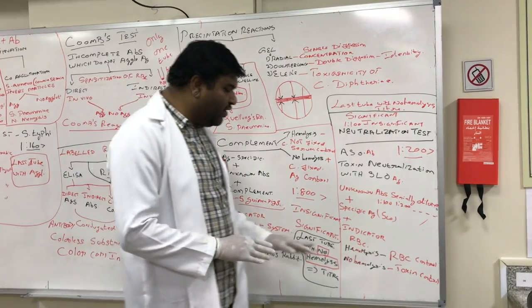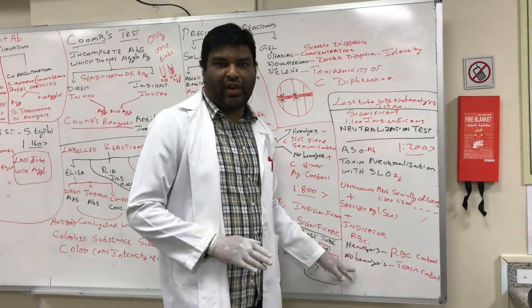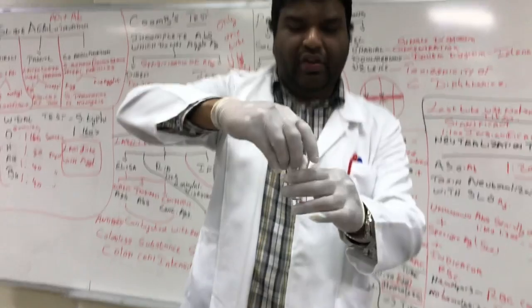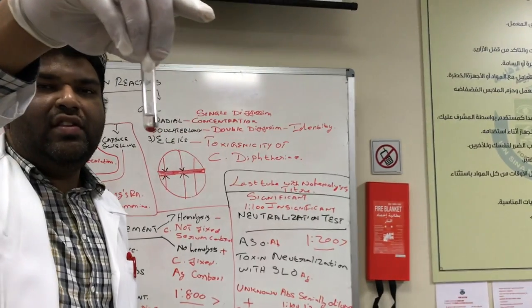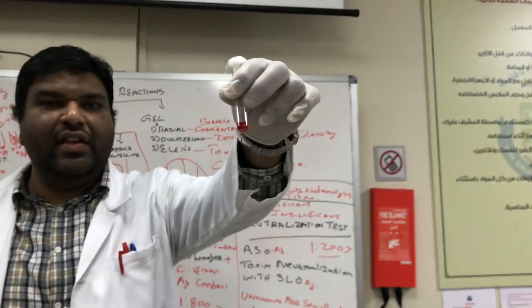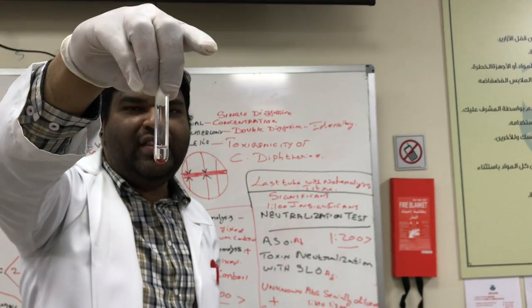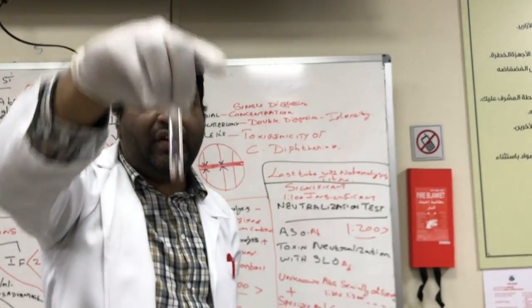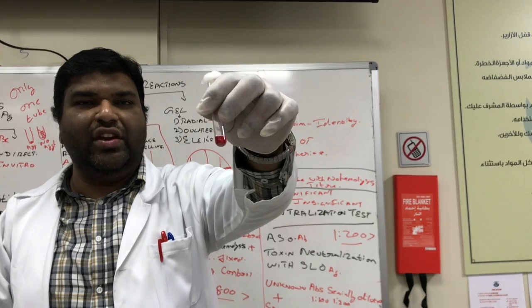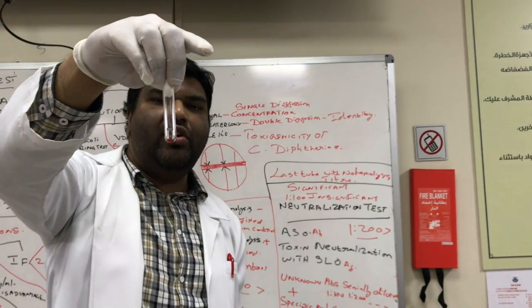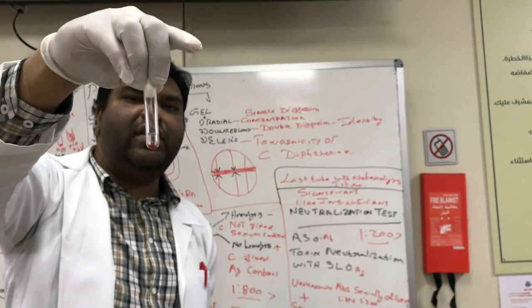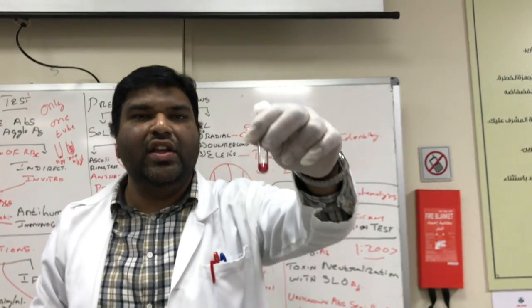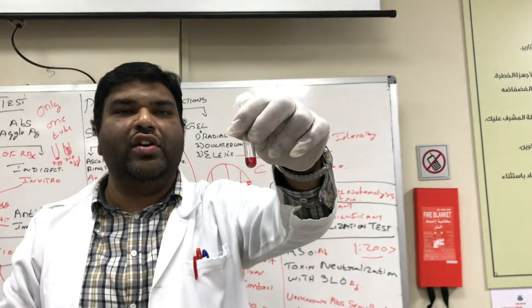Here we are going to find out hemolysis or no hemolysis. Okay. Here you can see this is no hemolysis and this is hemolysis. No hemolysis means it is a positive control and hemolysis means it is negative control. What does no hemolysis mean? That means the toxin is neutralized, and hemolysis means the toxin is not neutralized.